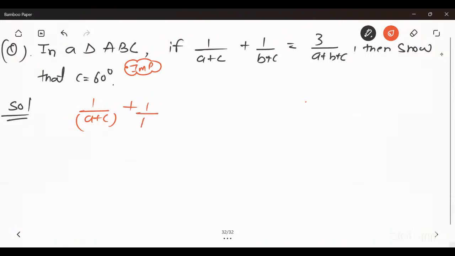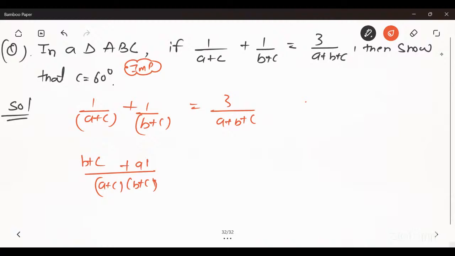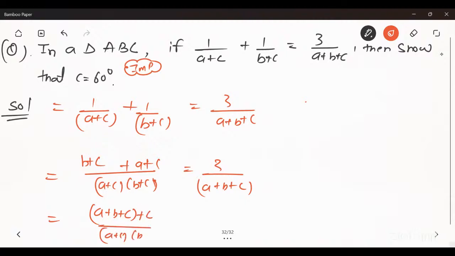So 1 upon A plus C plus 1 upon B plus C is equal to 3 upon A plus B plus C. Now take common A plus C into B plus C. Now B plus C plus A plus C upon A plus C into B plus C is equal to 3 upon A plus B plus C. Now you can write this as A plus B plus C plus C upon A plus C into B plus C is equal to 3 upon A plus B plus C. Now cross multiply.